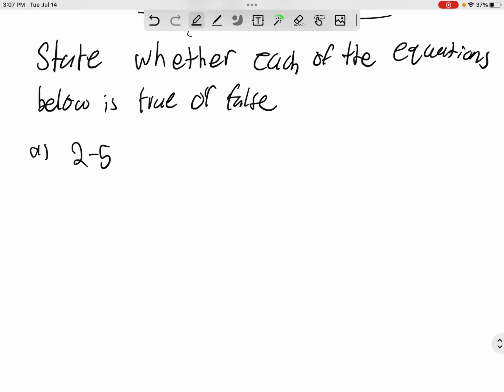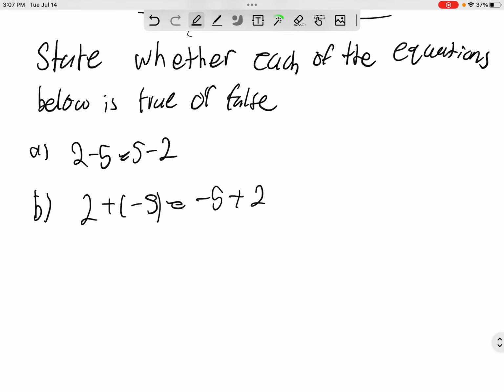So, we'll start out with A. 2 minus 5 equals 5 minus 2. B. 2 plus minus 5 is equal to minus 5 plus 2. My handwriting is absolutely magnificent. Okay, next one is C. 8 over 4 equals 4 over 8.